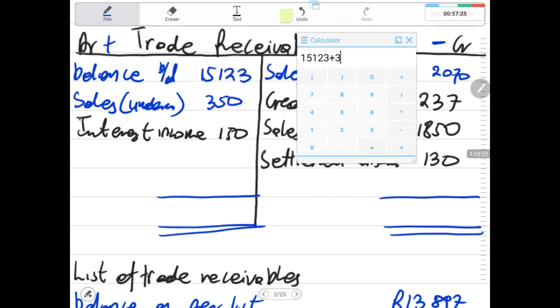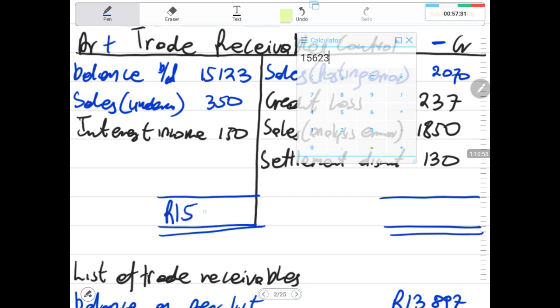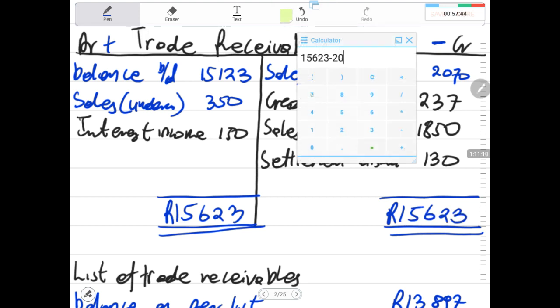15,123 plus 350 plus 150. It will give us 15,623, which is the total of the bigger side. 15,623 minus 2,070, credit side, minus 237, credit side, minus 1,850, credit side, minus 130.